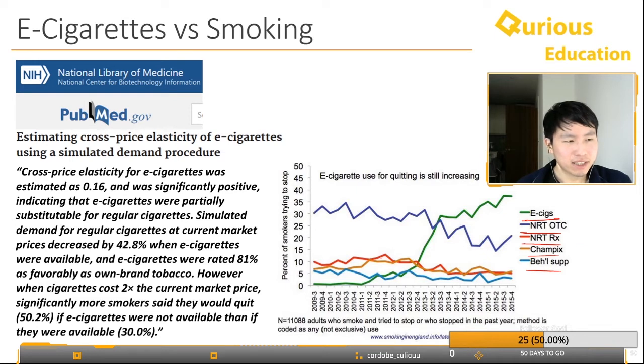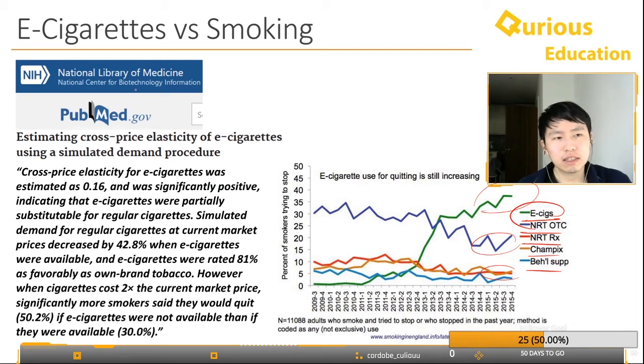So we can see that the usage of e-cigarettes has increased significantly because it's perceived to be slightly healthier than smoking, even though it's still bad for your health. In general, the use of e-cigarettes is increasing significantly among those who want to use a product to stop smoking. So it's taking away market share from these other products, and people are consuming less of these quit smoking products and more e-cigarettes to help them quit.